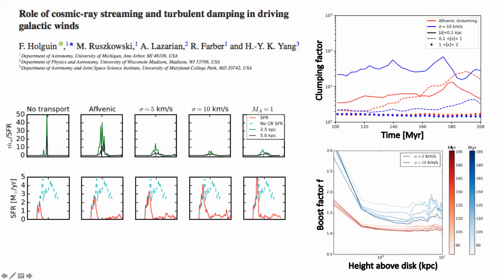And I also quantify the level of clumping with this clumping factor that measures the relative size of these overdensities relative to the mean for different regions of the galaxy. And more information on that can be found in the paper itself.